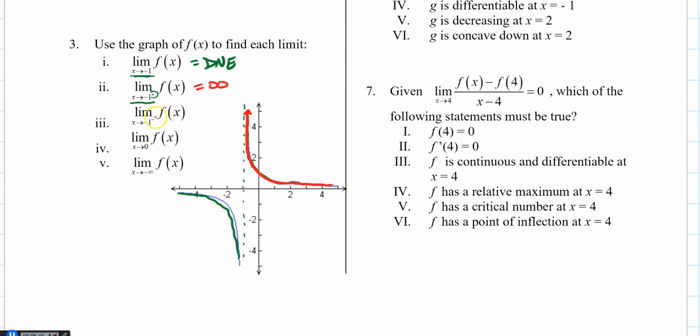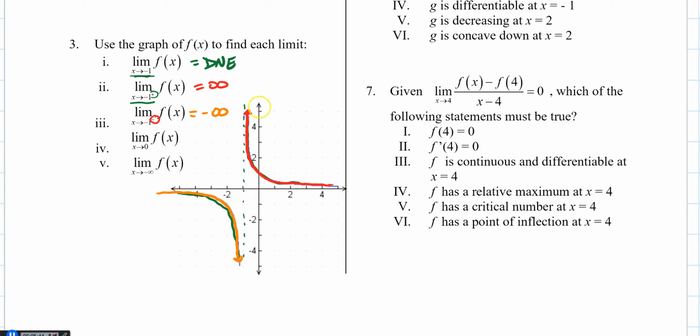And then we approach -1 from the left, same idea, but now this time I'm as far left as I can go, and I start approaching that asymptote, and we're left with that it's approaching negative infinity. Part 4 now, find the limit as x goes to 0 of f of x.